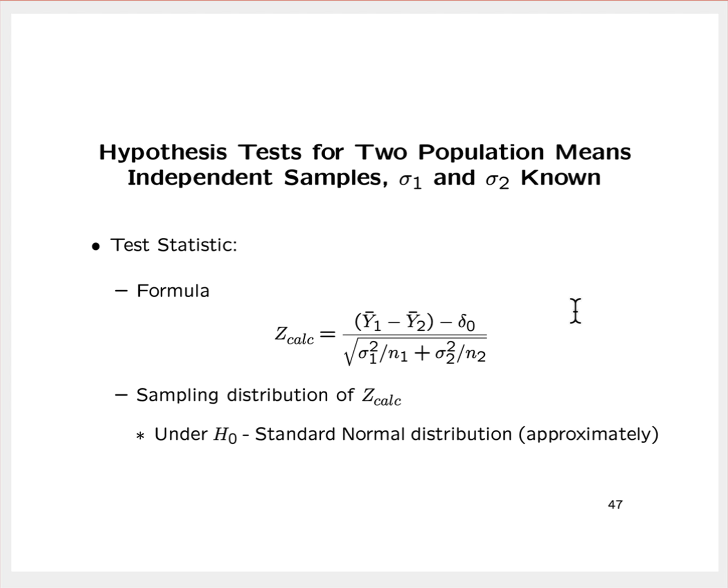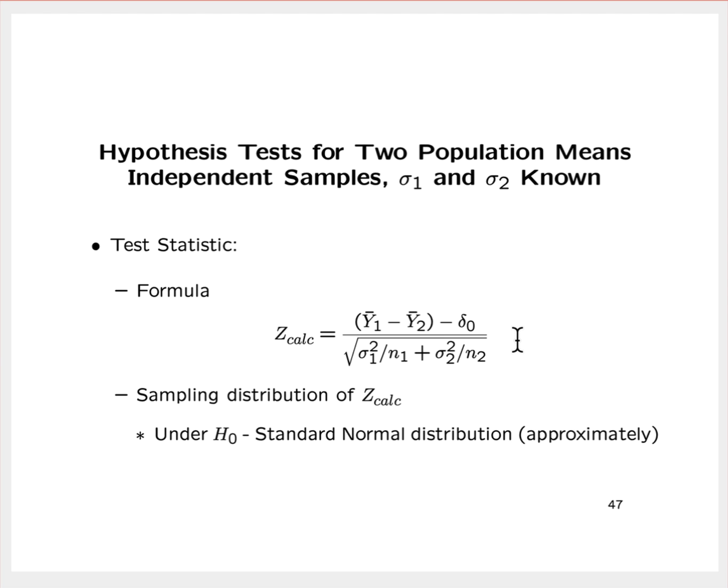So the test statistic, z-calc, is given by this expression: the difference between the sample means, y bar 1 minus y bar 2, minus whatever the hypothesized difference is, delta 0, divided by the true standard error of y bar 1 minus y bar 2, which is the square root of sigma 1 squared over n1 plus sigma 2 squared over n2.